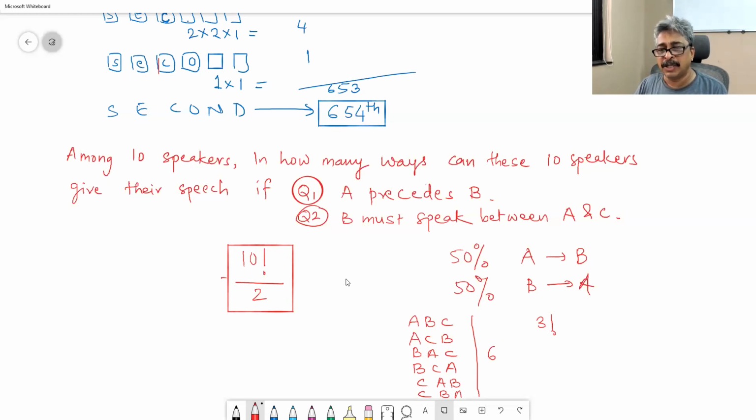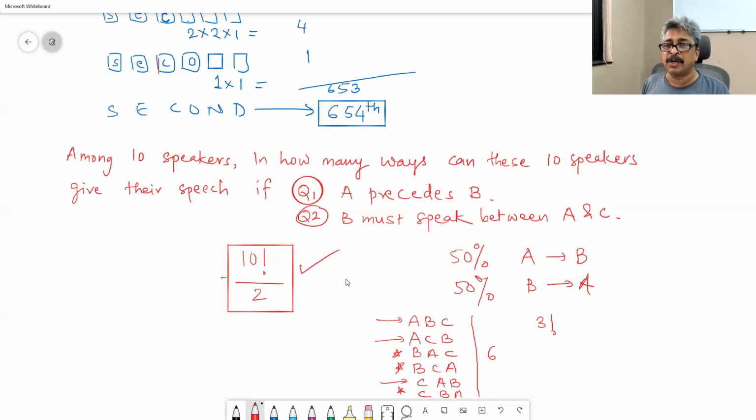Yes or no? Yes, sir. Let us now find out in how many cases A before B. A before B, A before B, A before B. Exactly half. Remaining half, B before A, B before A, B before A. If it happens in this small case, it will happen in this big case also.